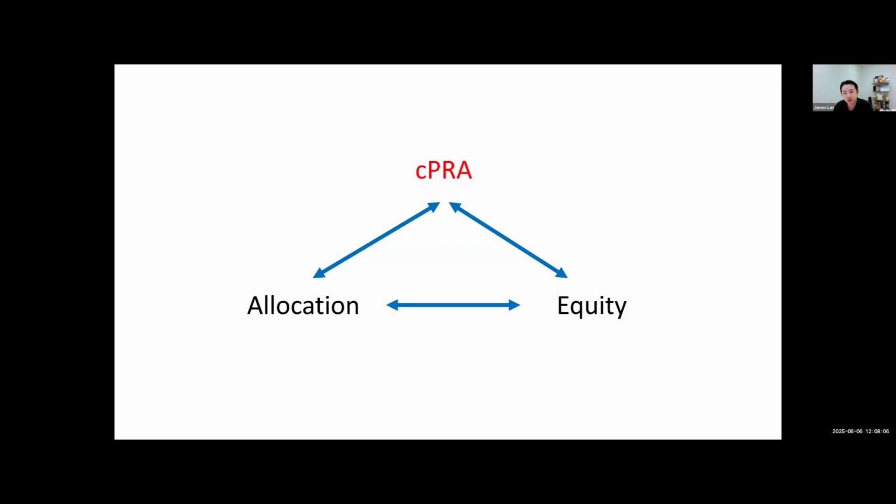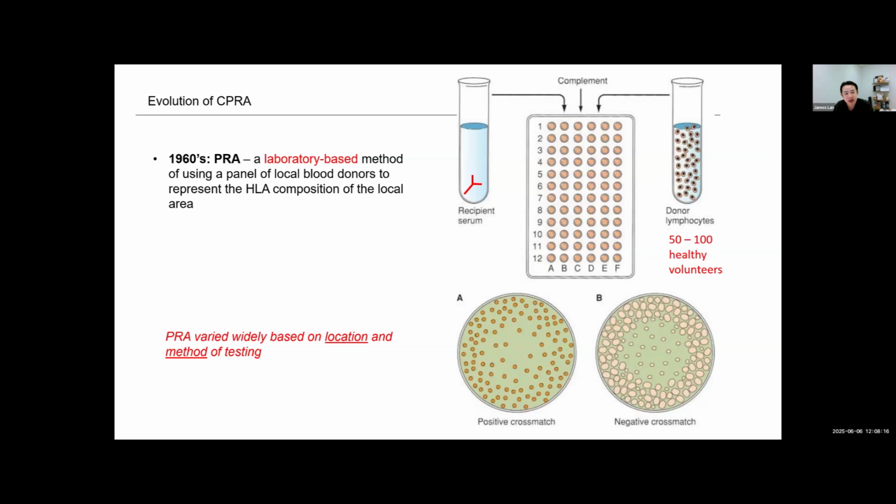The metric that we use to measure this antibody breadth is called the calculated panel reactive antibodies, which I'll go into in a bit more detail. Back in the 1960s, this PRA test was developed as a laboratory test, using local blood donors to represent the HLA composition of the local area.